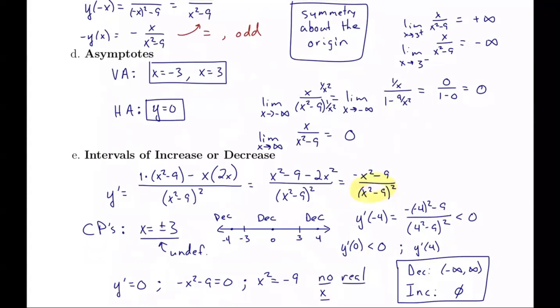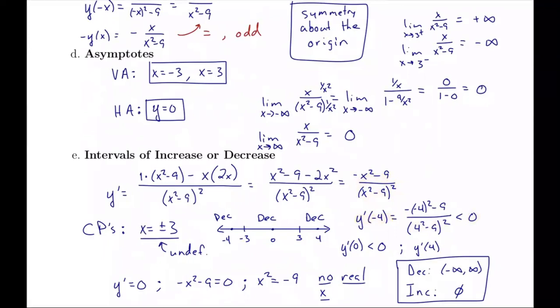We did y prime of negative 4 here, and it looks like we got something less than 0. This is a negative number up here over a positive number, so negative over positive is negative. If we do 0, well, 0 is easy.